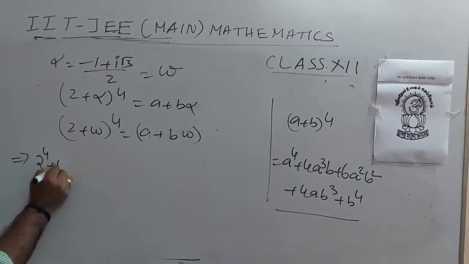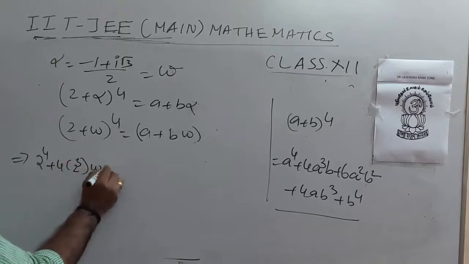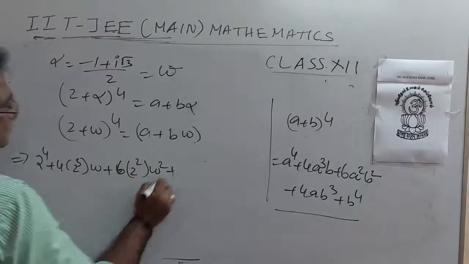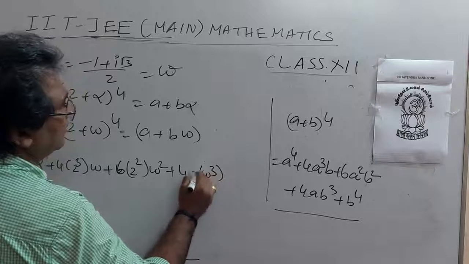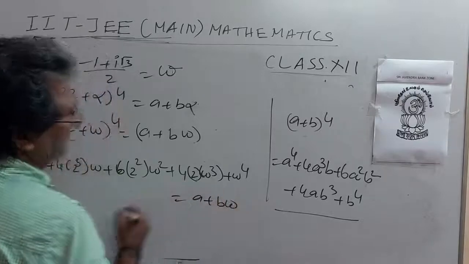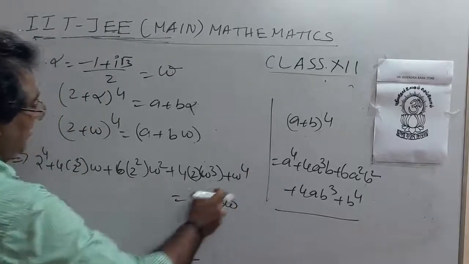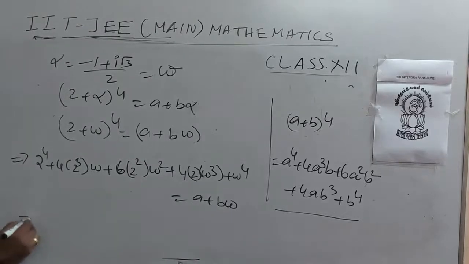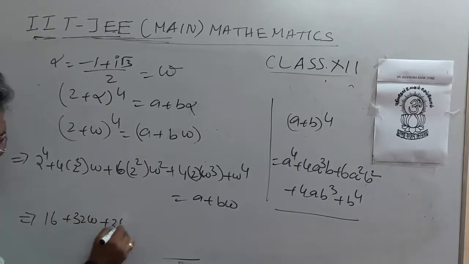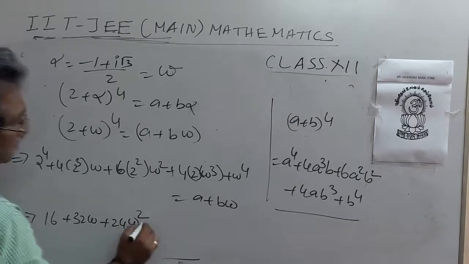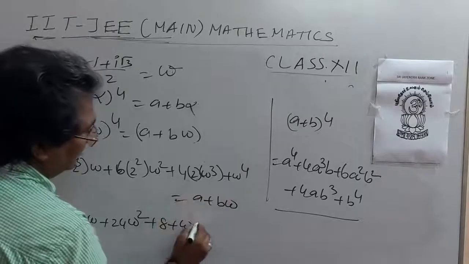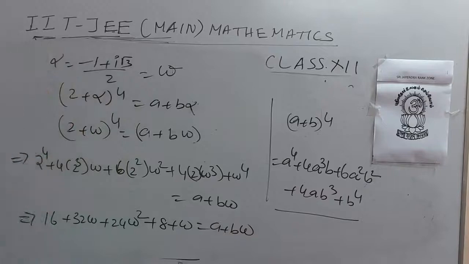That is 2 power 4 plus 4 into 2 cubed into omega plus 6 into 2 squared into omega squared plus 4 into 2 into omega cubed plus omega power 4 equal to a plus b omega, which implies 16 plus 32 omega plus 24 omega squared plus 8 omega cubed, that is 8, plus omega power 4, equal to omega, equal to a plus b omega.